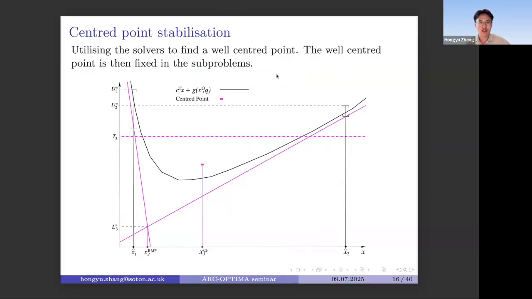Instead, you solve another stabilization problem, which in this case is just a feasibility problem, and that helps you find a centered point. In this way, it helps the algorithm avoid going to some corner solutions where you will get very bad cuts.